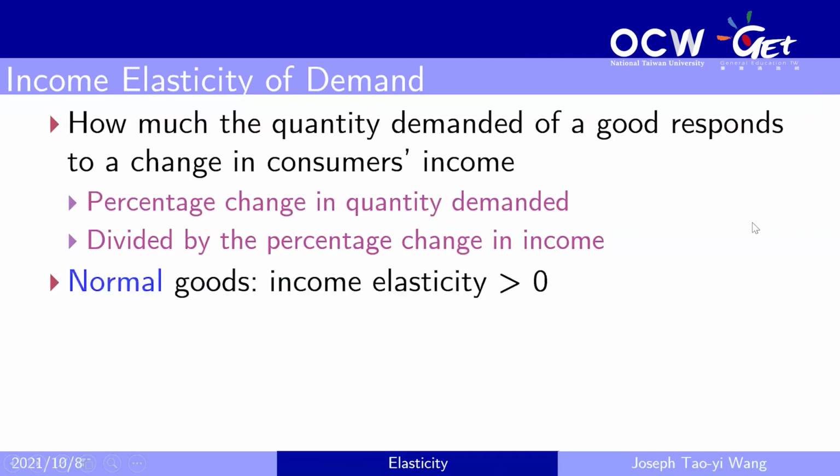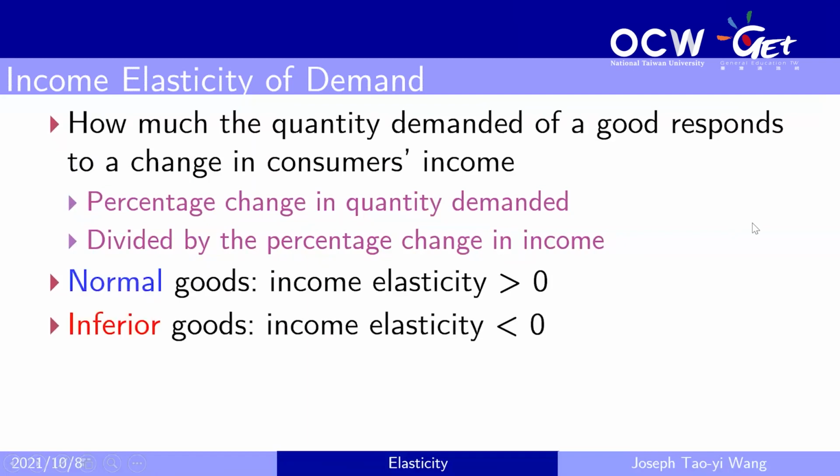We talked about normal goods versus inferior goods back in chapter 4. For a normal good, income elasticity is greater than 0 because as income goes up, quantity demanded goes up. For inferior goods, income elasticity is negative. When consumer income goes up, quantity demanded goes down.